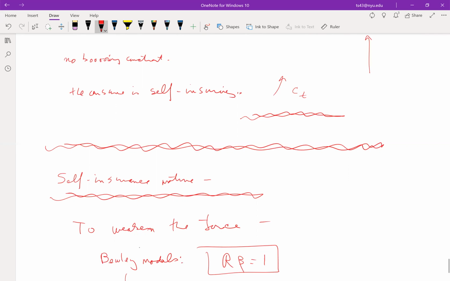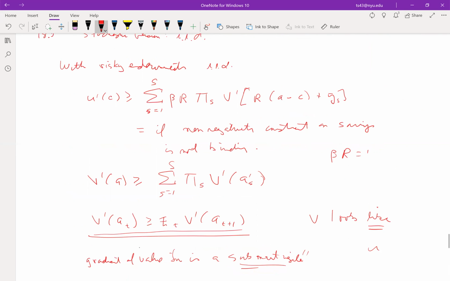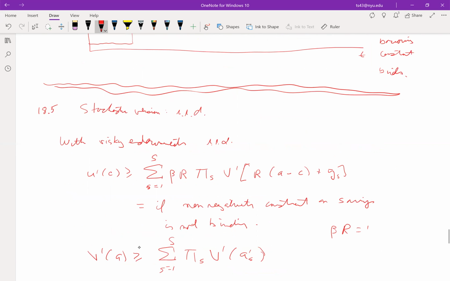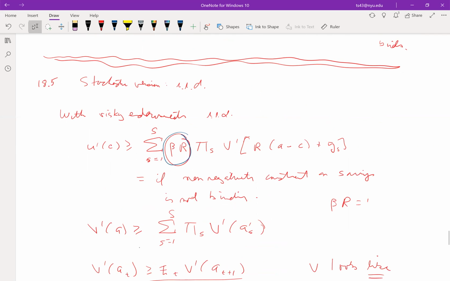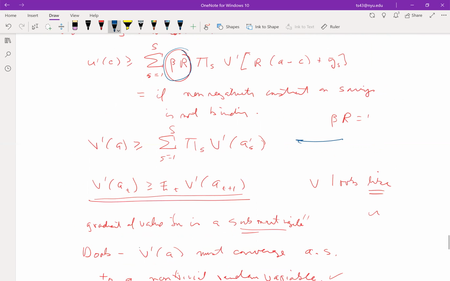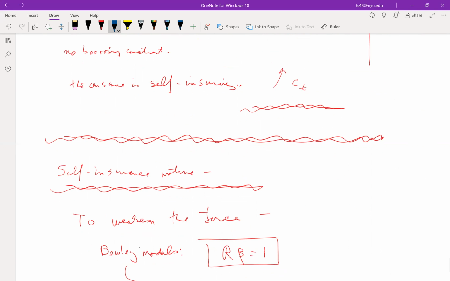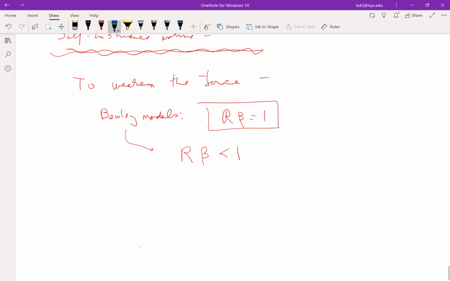What that does is it changes this marginal condition directly, and it directly kills this martingale submartingale result. We'll talk about this more later, and it's discussed when people talk about Aiyagari models.